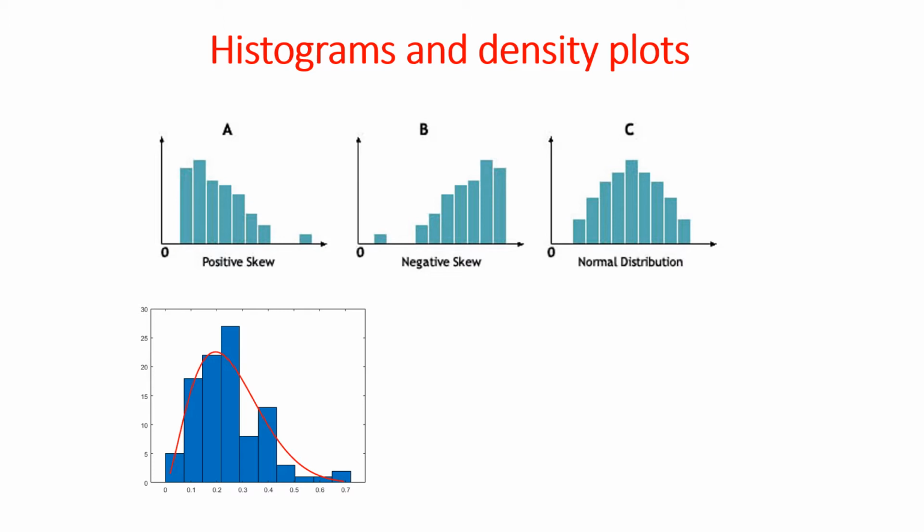On the other side, we have a histogram with a positive skew where the right tail is thicker and longer than the left tail of the distribution. So this is the very first information you can get out of a histogram.